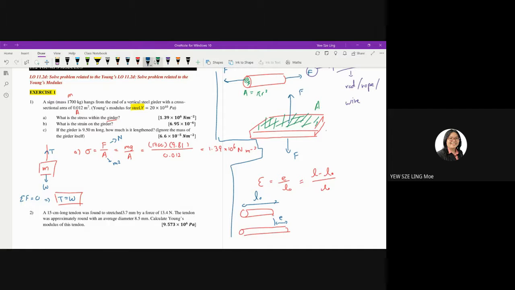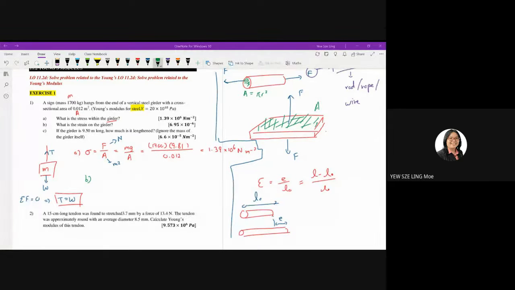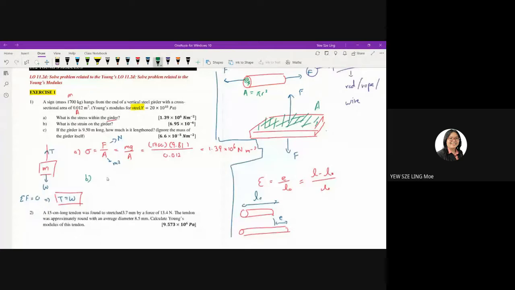How about question B? Question B is asking for strain. How are we going to calculate the strain? We have epsilon equals elongation over L naught. But if you look at this question, you're not given the elongation and you're not given the original length, which means this is not the right equation to use.